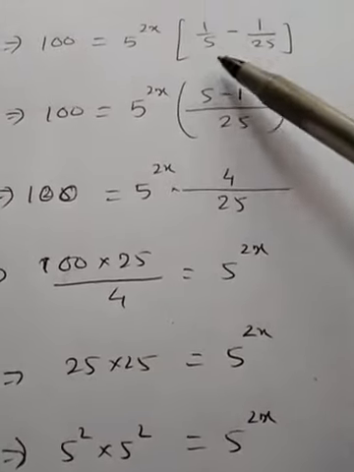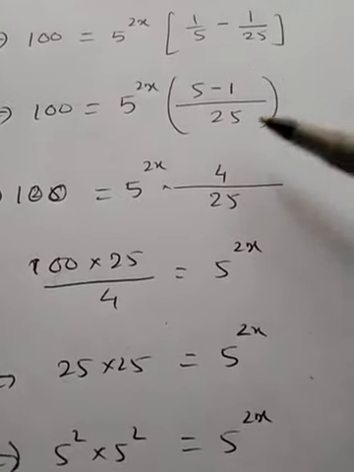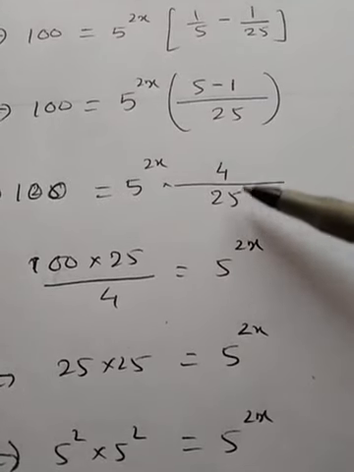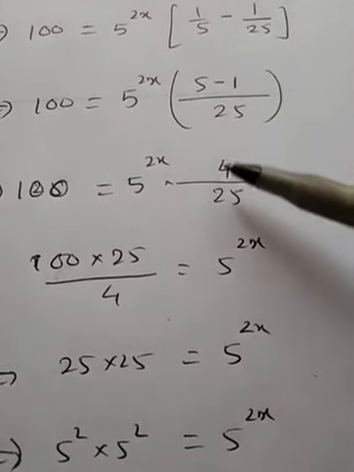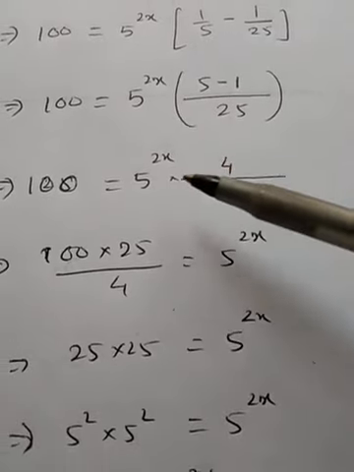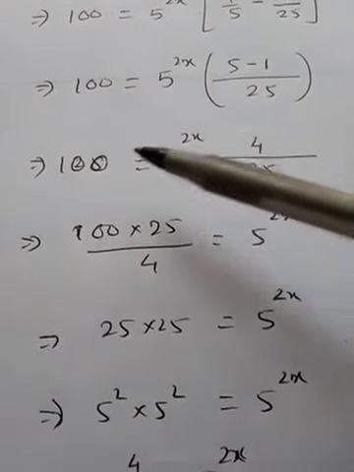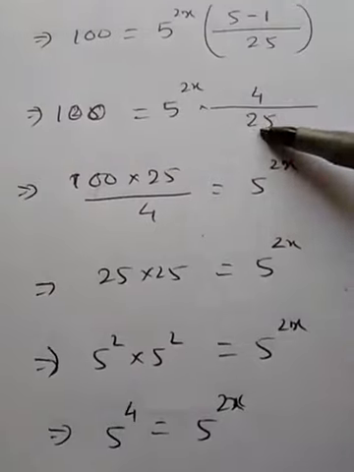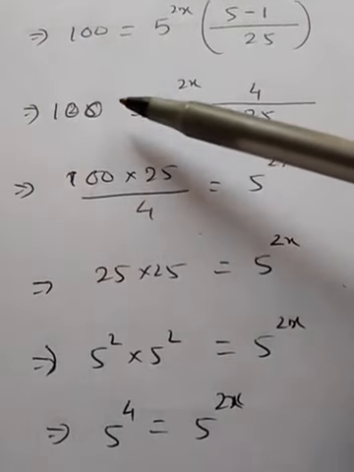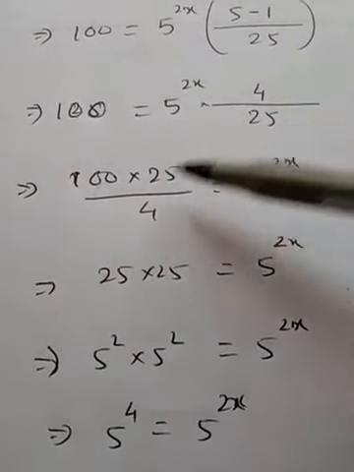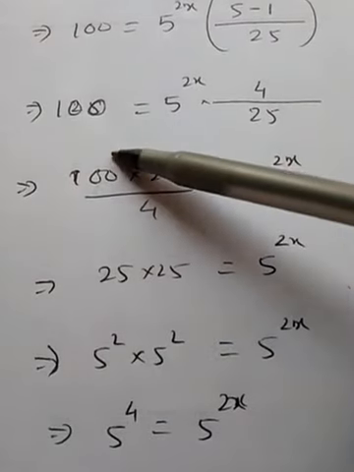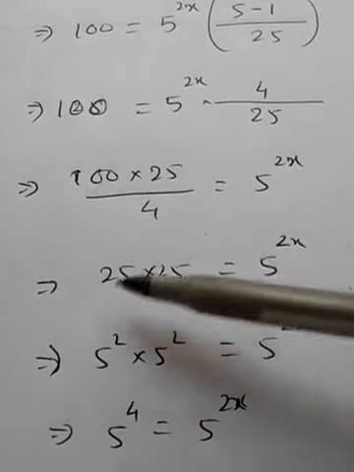Then this part is left, taken LCM here, LCM is 25, and then 4 is left here, 5 to the power 2x. Now this 25 is multiplied with this 100 and 4 will come down. So 100 if we cancel by 4, 25 is left.